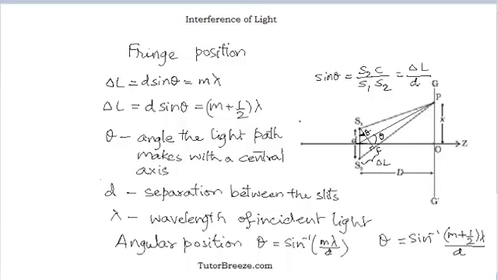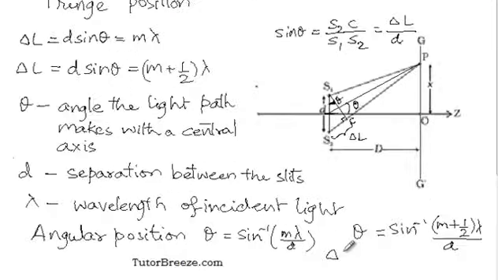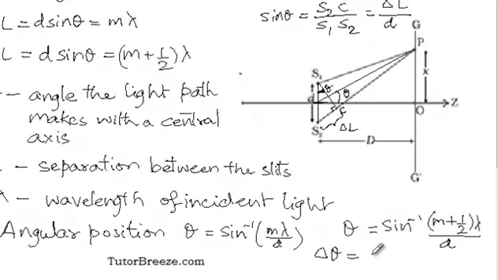Now the angular separation of the fringes can be written as, that means the distance between two bright fringes or two dark fringes would be delta theta equals lambda over d, because you would have one bright fringe at 1 lambda over d.